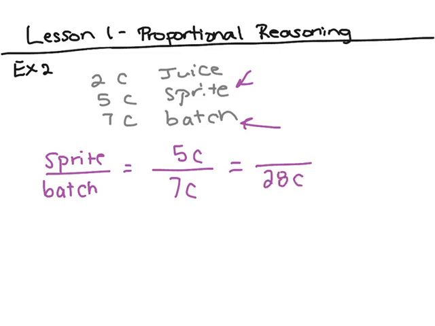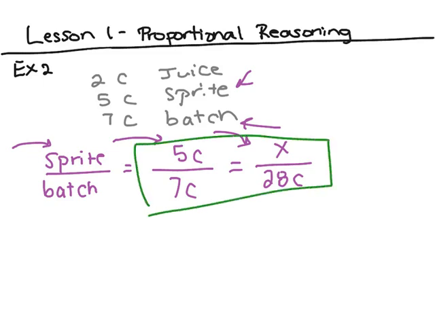So we have 28 cups here. And we want to know how many cups of Sprite there are. So our unknown is going to go in the Sprite side. So notice how all the Sprites are on the top, and all of the batches are on the bottom. So here's our proportion we have to solve. So we're going to multiply across 28 times 5 and divide down.